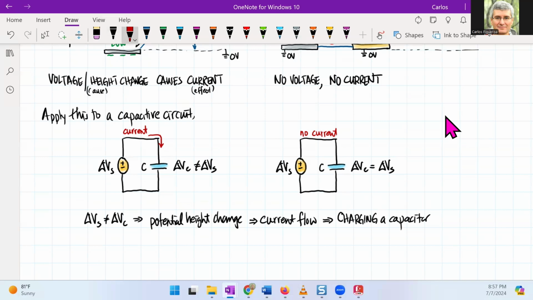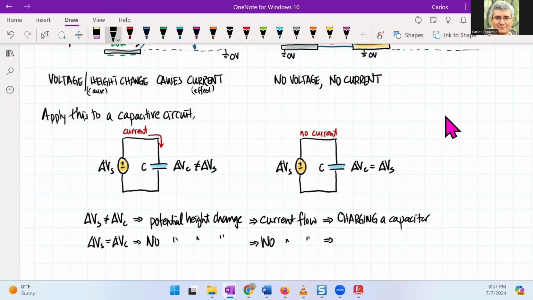So if the voltage of the source is equal to this, then we have no potential height change, which then implies no current flow.